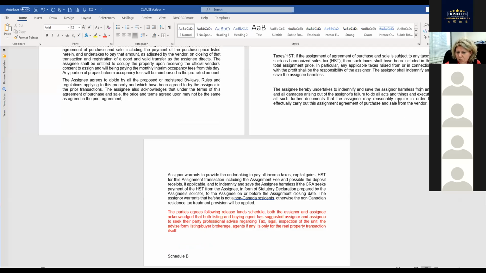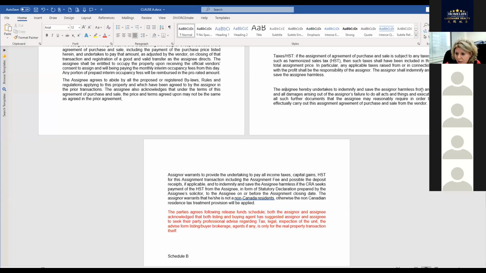And the assignee may reasonably require, in order to effectively carry out this assignment agreement and sale from the vendor. But you can have two clauses. One: the assignor undertakes to indemnify and save the assignee harmless from any damages arising out of his failure to do acts and things.